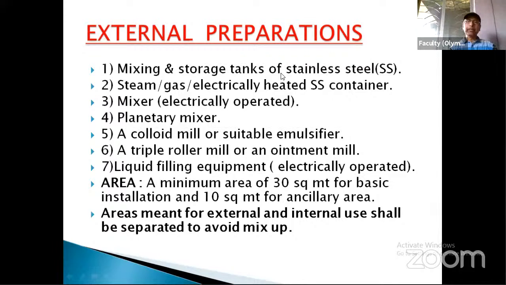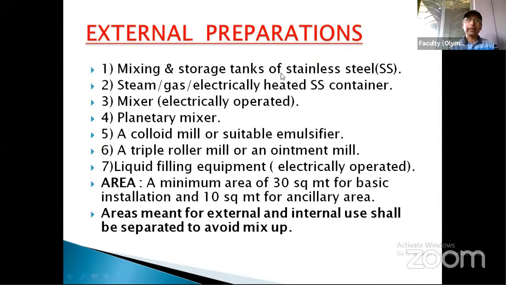Area, minimum area required is 30 square meter. 10 square meter means 108 square feet, so 30 is nearly 3 times that. That is 324 or so square feet area for the basic installation, where you are actually preparing the external preparation, the solution, or your suspension or emulsion or ointment, whatever may be.